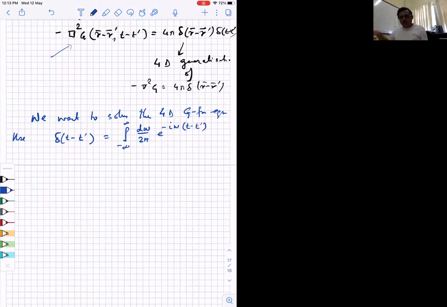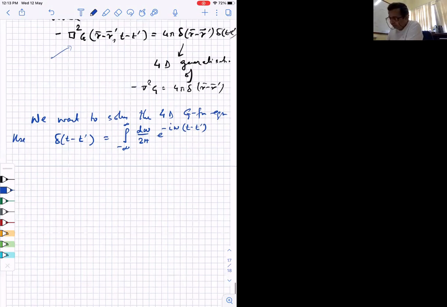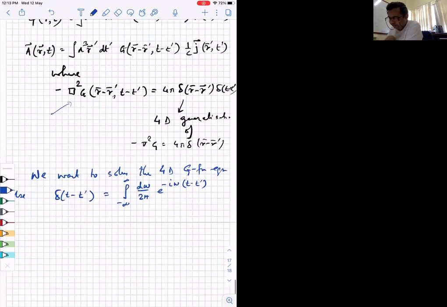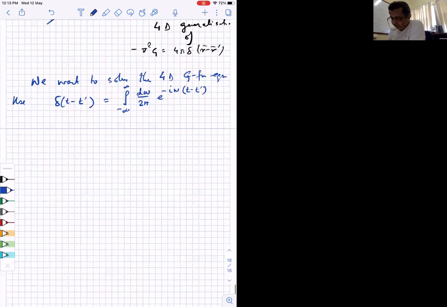This is an oscillatory function, but it has a very large peak. This is the integral representation of the delta function. Now if I put this into this equation, then what do I get?